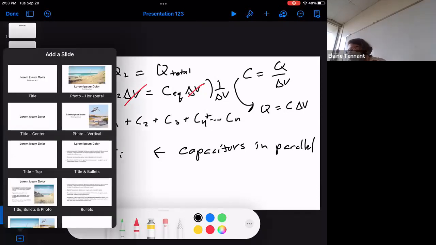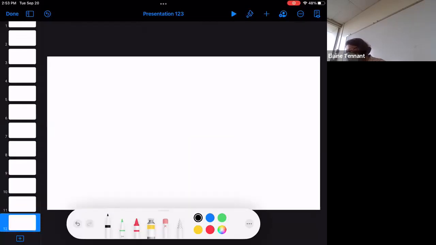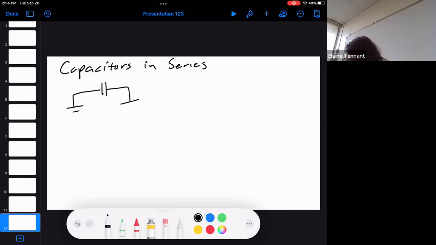Okay. Let's go through the same thing, but now in series. So capacitors in series. Okay. Going to draw a very similar picture, except now instead of one or the other, I'm going to have one, then the other, like that.